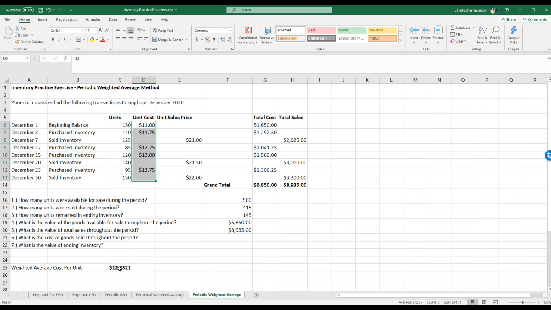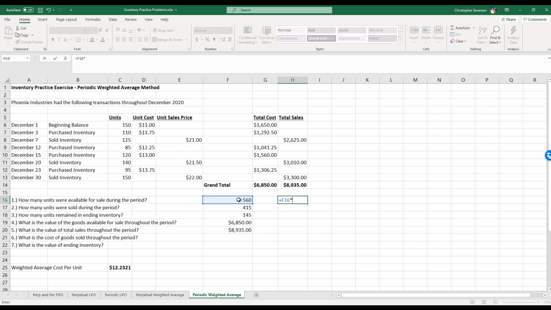So the good news is, now that we have this $12.23, we can take it and move it up here right beside our units sold as well as our units in ending inventory. And for that matter, if we wanted to, we could do it for the total line as well. I'll just show you why we might want to do that.